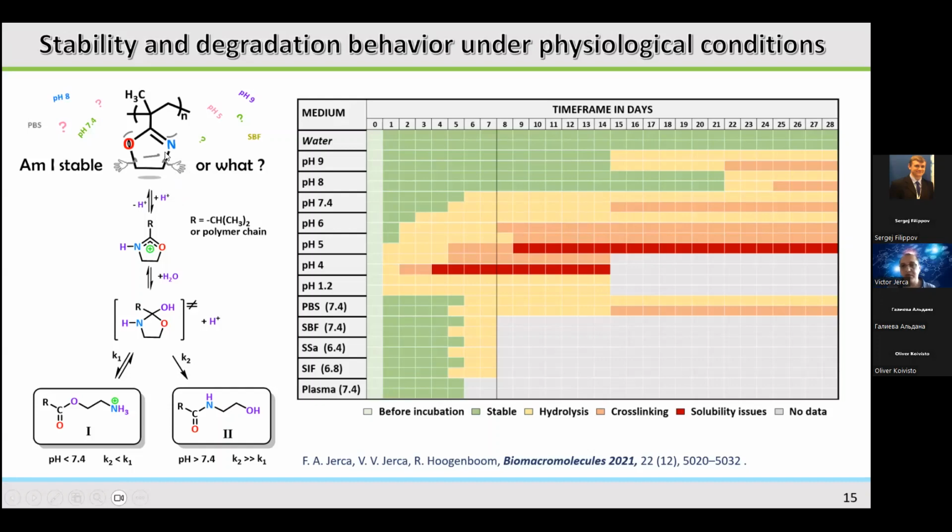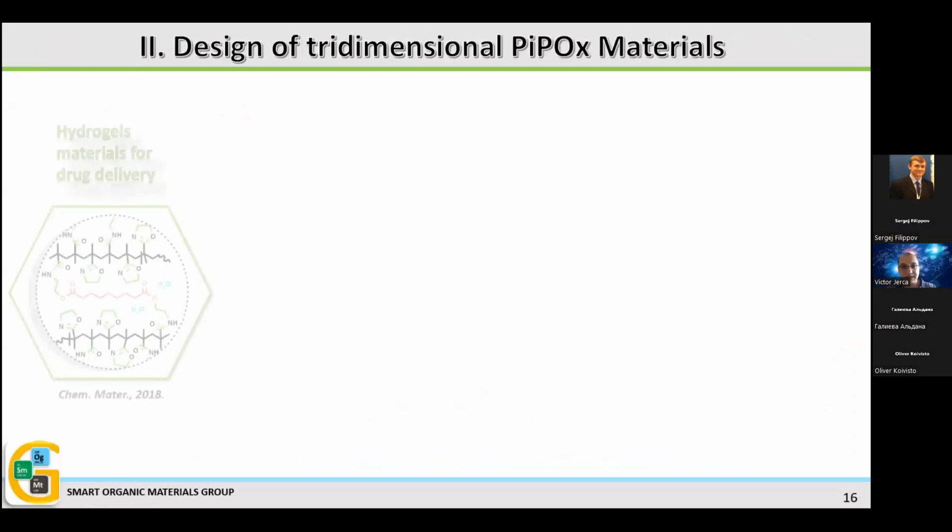However, I have to mention that upon hydrolysis there is no generation of any toxic product. For example, the polymer changes its structure to this hydroxy methacrylamide polymer, which is known to be biocompatible as well. Nevertheless, the polymer is quite stable, mostly for a week, in all the simulated media that we have tested.